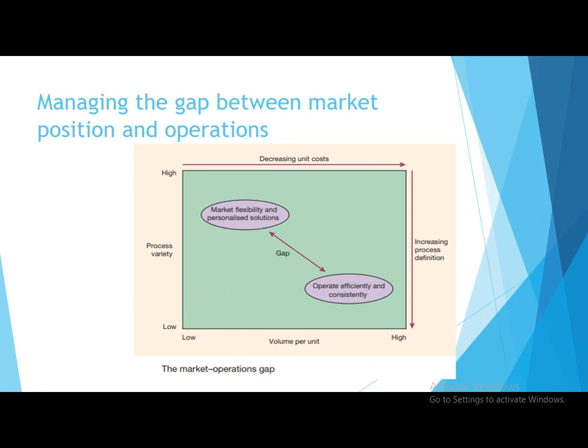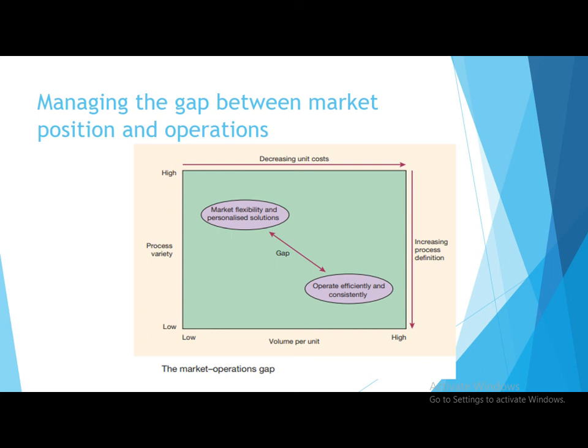This particular figure illustrates this effect. This is often a very effective strategy. The main danger here is that customer satisfaction will fall if the gap is too great between what is offered and what is delivered.